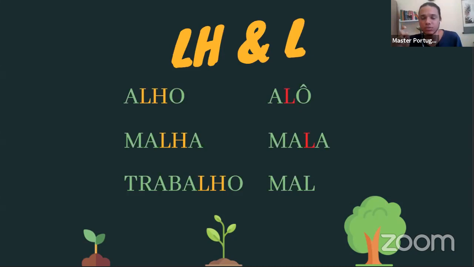This E sound that students usually put in between doesn't exist. It's very, very short. Malha, lha. And also the L, just the L, is la, le, li, lo, lu, mala, alô.